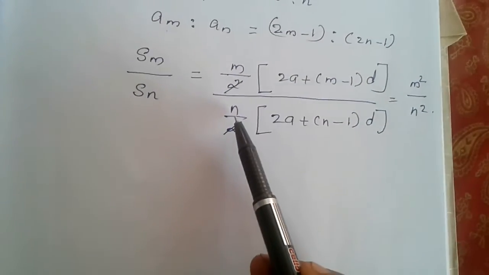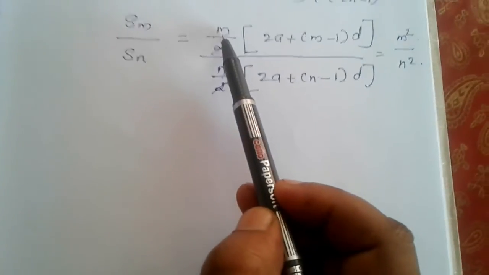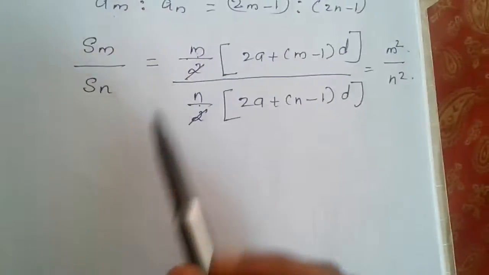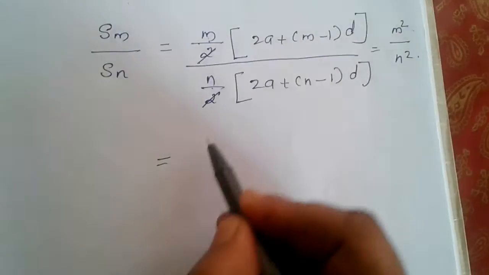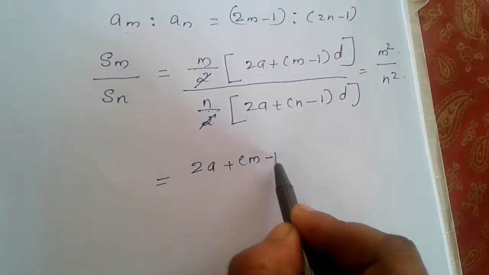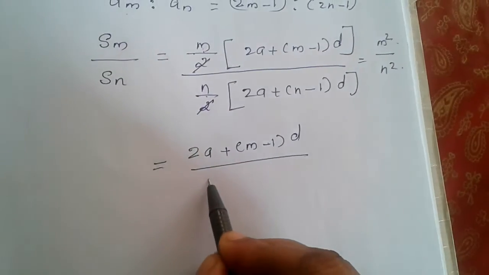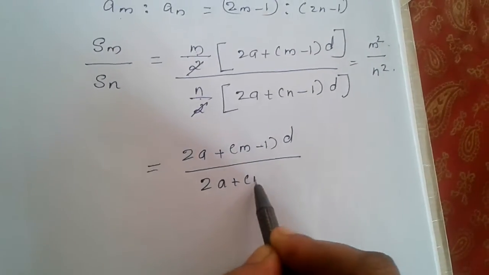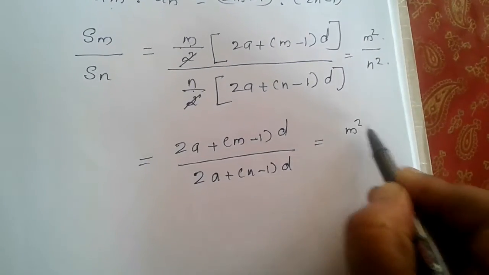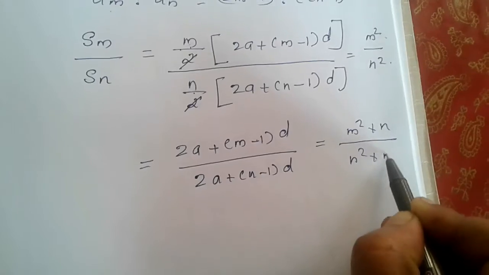So n goes to the numerator and m goes to the denominator. So we are getting 2a plus m minus 1 into d by 2a plus n minus 1 into d equal to m square into n by n square into m.